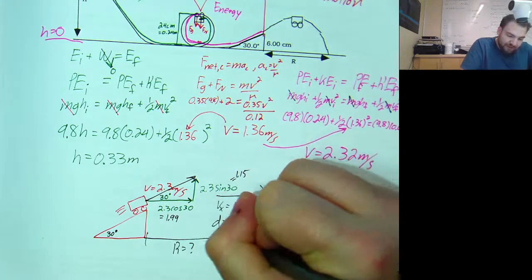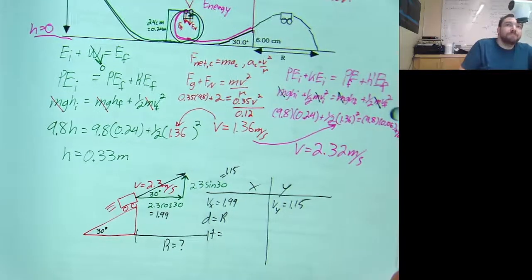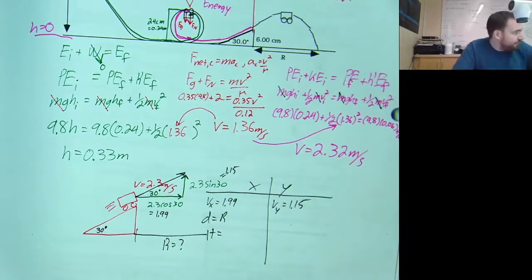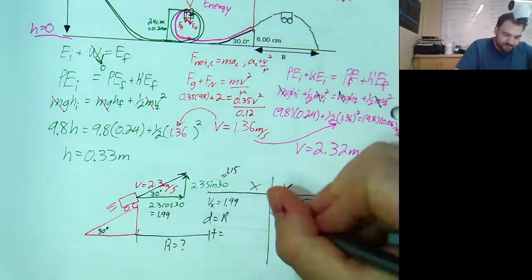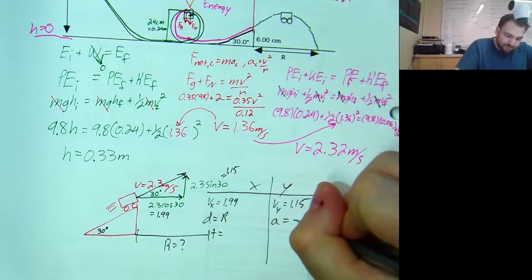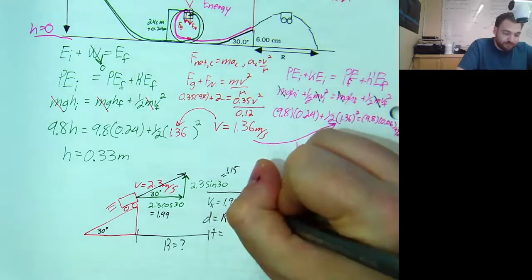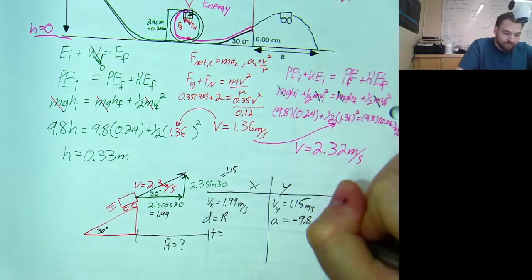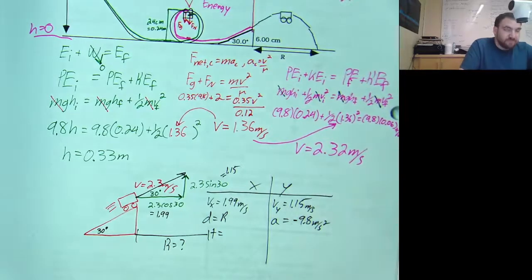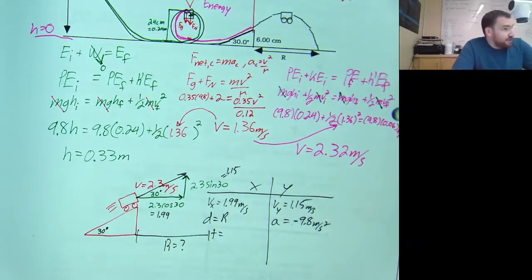And we don't know how long it takes to get there. Vy, what do we know? Distance would be, well, it depends how you want to deal with this. How do you want to deal with the object in projectile motion?